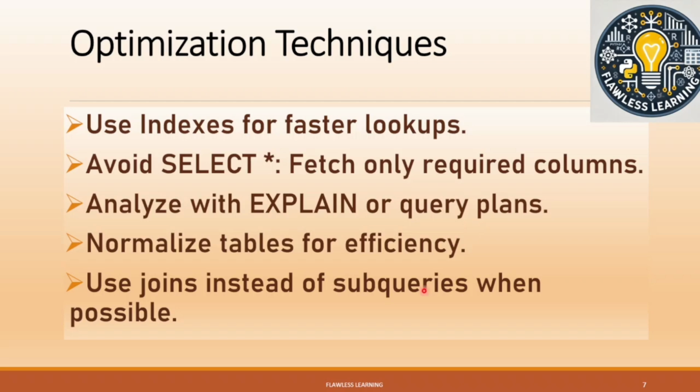Now normalize tables for efficiency and use joins instead of subqueries when possible. And क्या होता है ना, तुम लोग join भी कर चुके हो and subquery भी कर चुके हो, and now you understand what is the difference between join and subquery.